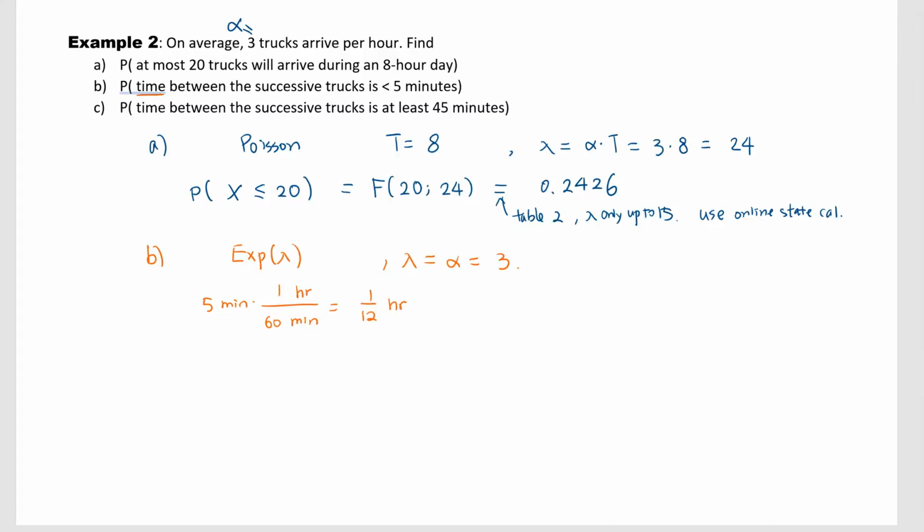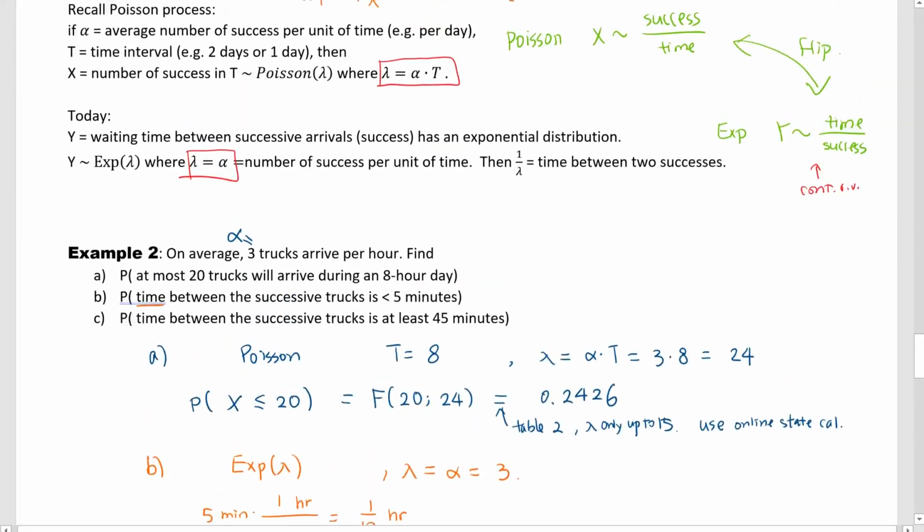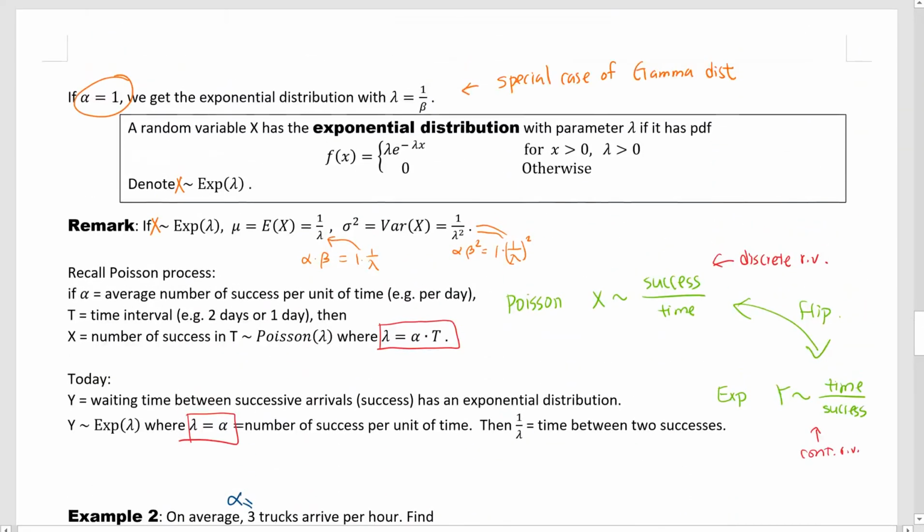So far, so good. For the exponential distribution, we're going to integrate this PDF. When x is less than 0, it's just 0.